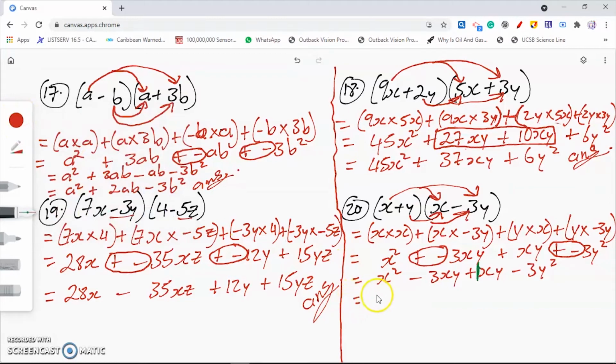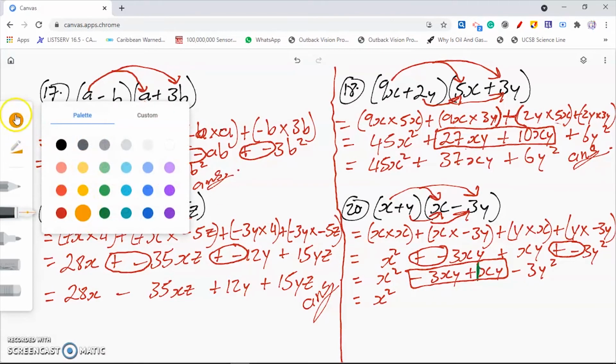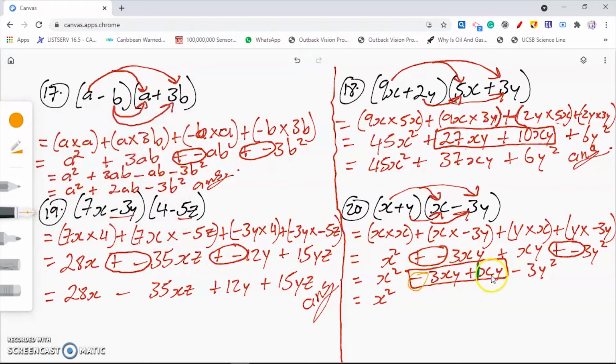So we get x squared, and then this expression in the middle, negative 3xy plus 1xy. The signs are different, and whenever the signs are different, we have to subtract the smaller term from the larger term and keep the sign in front of the larger term.